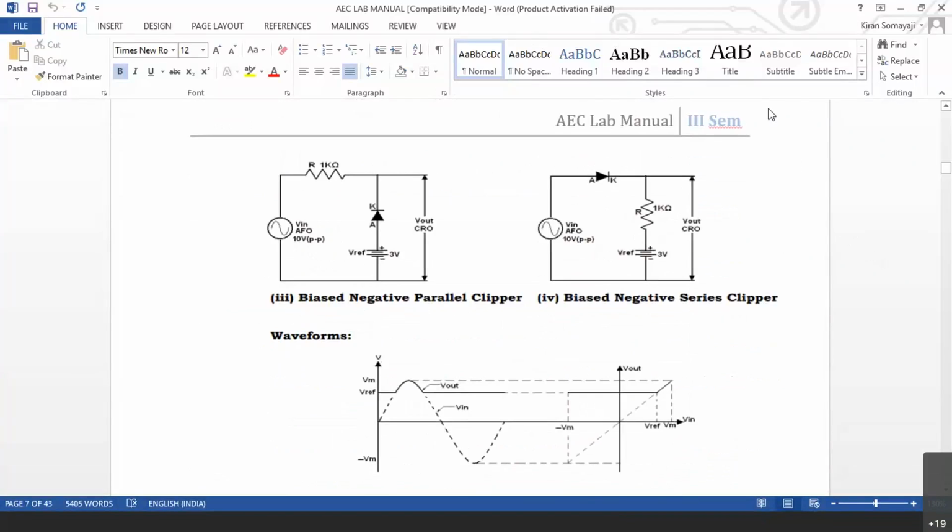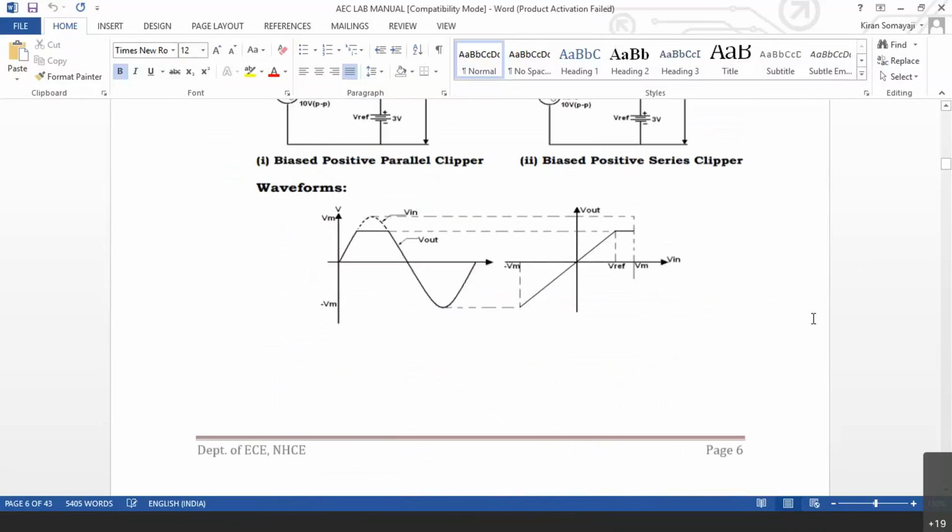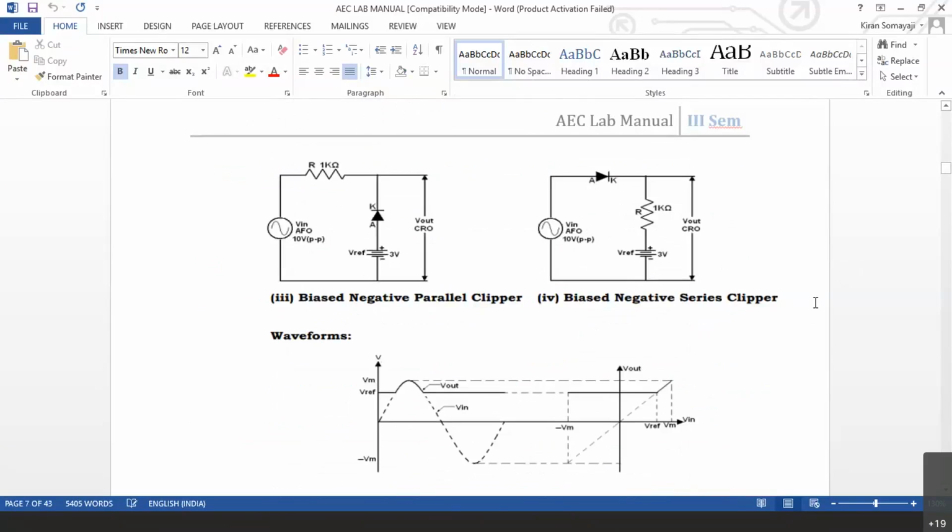Okay, let me continue. Just like we discussed the positive clipper, that means you can see here part of the positive cycle was clipped. Similarly, we can see the negative clipper. Again, in the negative clipper, we will have parallel clipper and we will have series clipper. The only difference is the diode direction is going to be reversed.